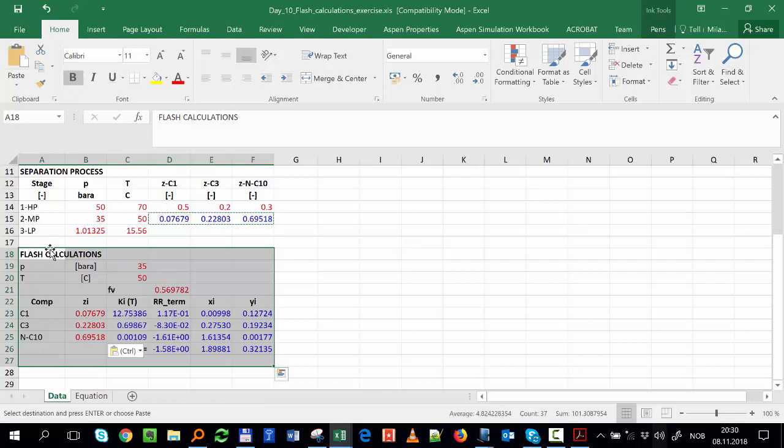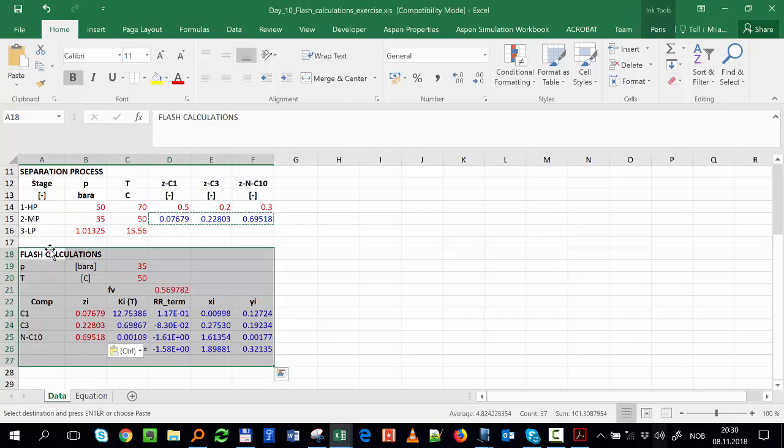Okay? And by solver, I'm calculating the equilibrium. So I did it now with these two numbers and this composition, using the solver. And I find xi and yi.